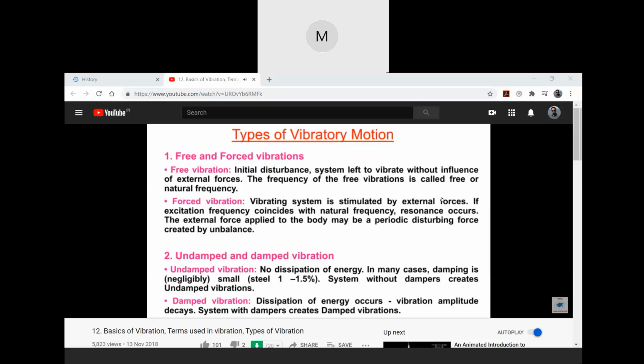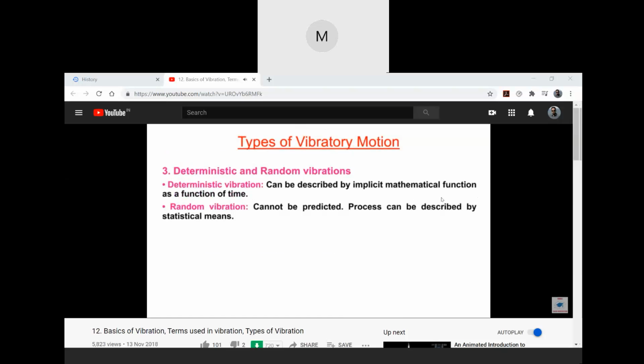Next, deterministic and random vibration. Deterministic vibration can be described by explicit mathematical functions as a function of time. That means we can find the magnitude of these vibrations easily. But random vibrations cannot be predicted.